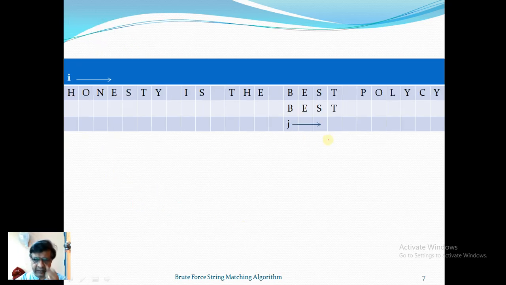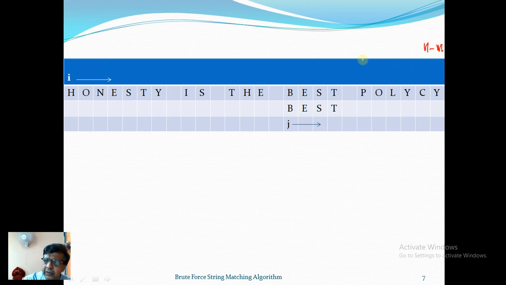Now, honesty is the best policy. Once again, see, this is how it happens. I will be moving over here like this. It has a limit: it can move only up to n minus m, up to this particular place.